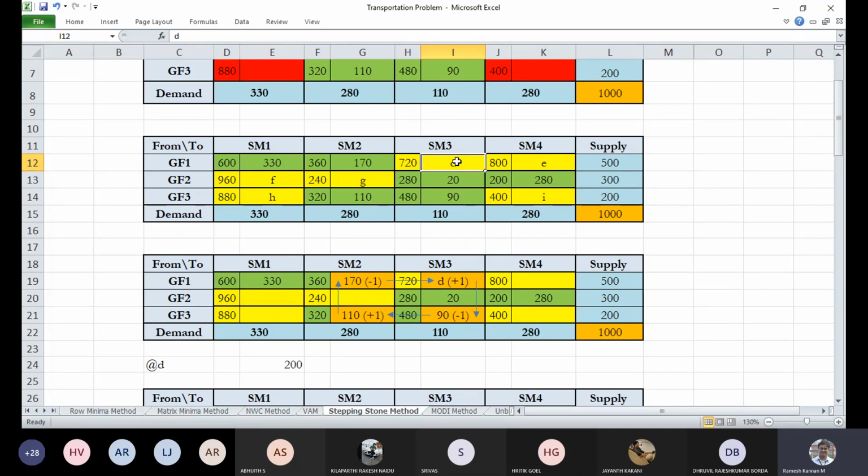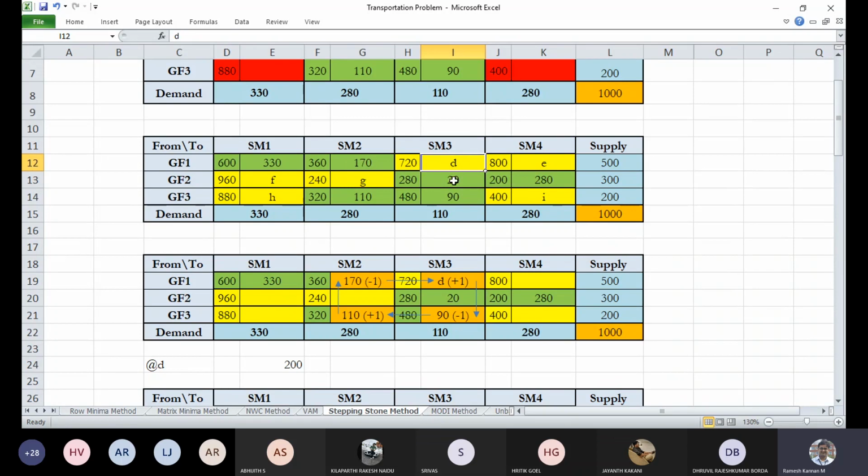If we start with D and select this, it does not form any closed loop. It will be a hanging path, not even a loop. We cannot close it: start with D, end with D.